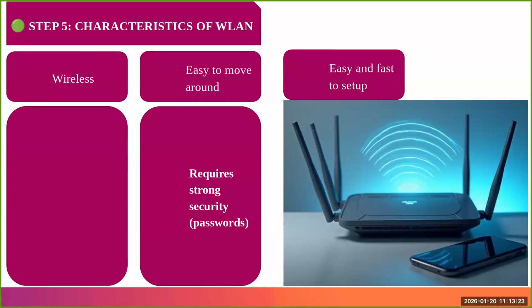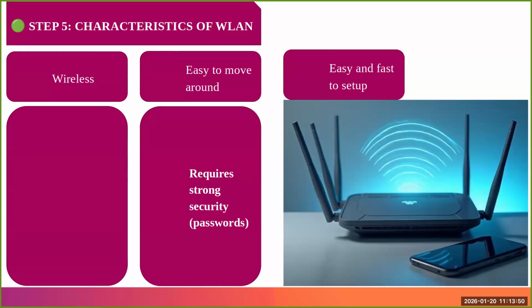Then, wireless also requires strong security. That is password. Otherwise, it will be open and people will see it. That is one disadvantage of wireless over cable. Because if your network is cabled, it means for anyone to have access, he must physically have access to the server room and plug a cable before he can do his exploit.